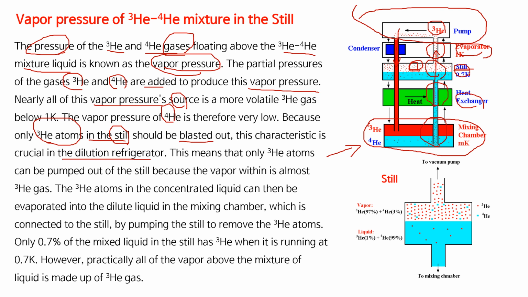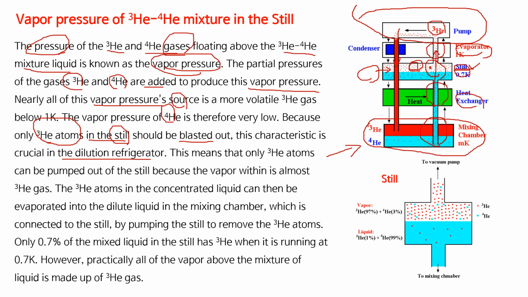So here, all of the gases in the still are helium-3 atoms. Most of them are helium-3 atoms. So by pumping, we can extract only helium-3 atoms from the still. Okay.